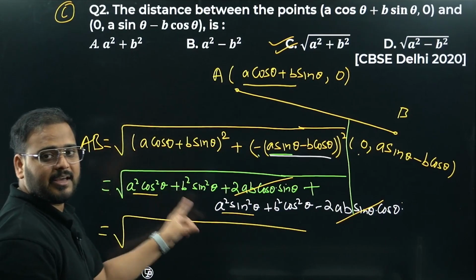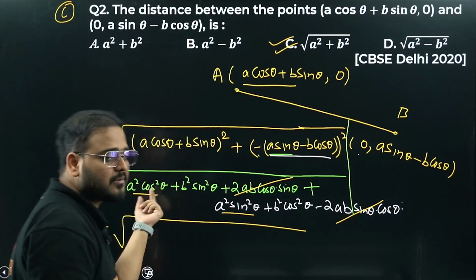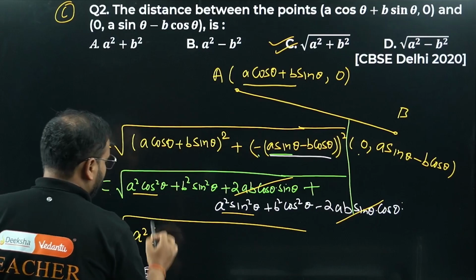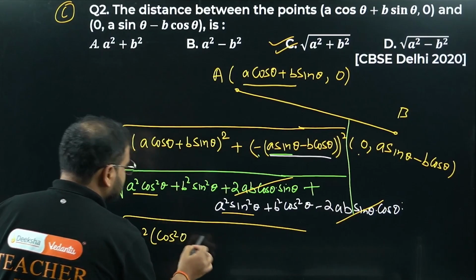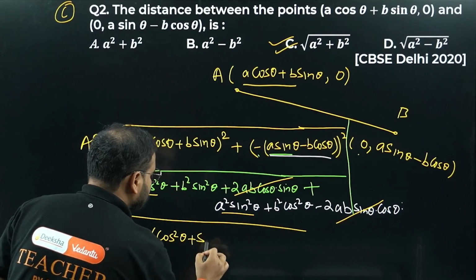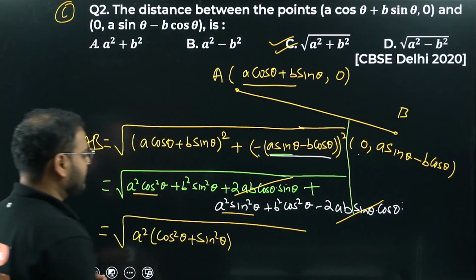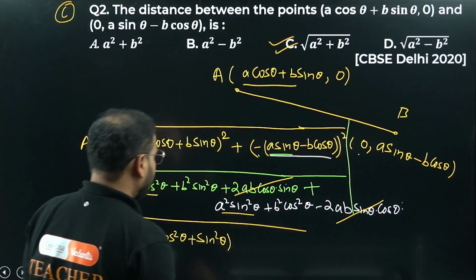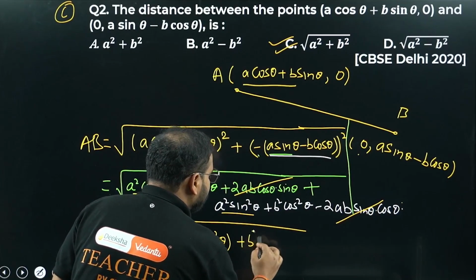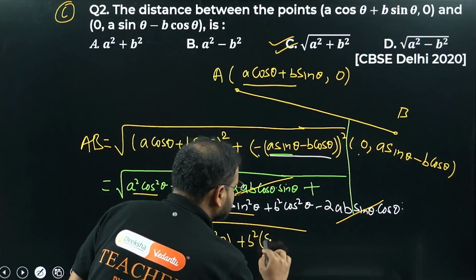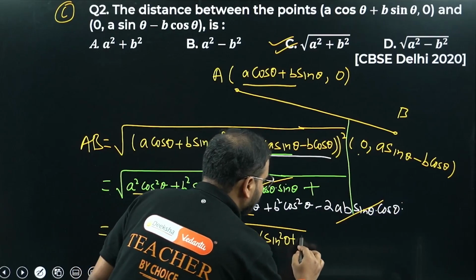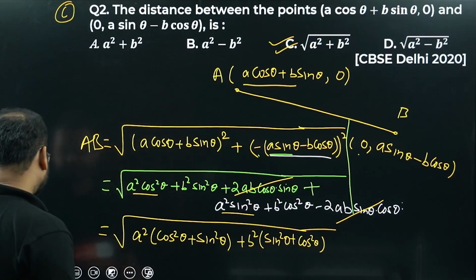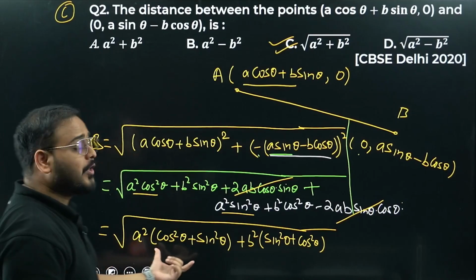Over here I'll end up with cos square theta plus sin square theta. Same way I can do it for B square: sin square theta plus cos square theta. Please check.